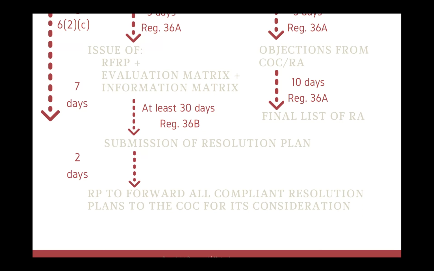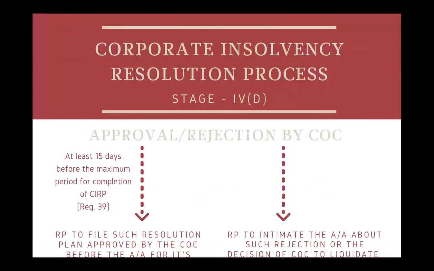Where a plan has been submitted, there are various parameters on which I look into the plan. As an RP, I need to ensure that the basic conditions provided under section 30 subsection 2 are met. Section 30 of the Insolvency and Bankruptcy Code is the enabling section which talks about the conditions for the submission of a resolution plan.